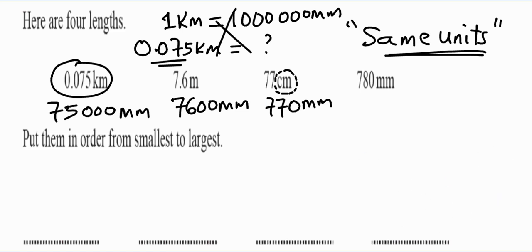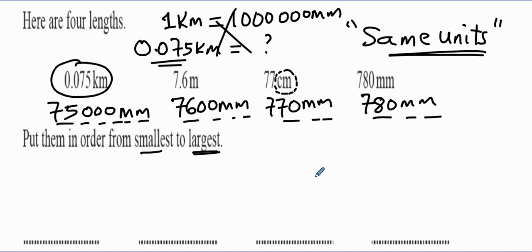Alright. How about this number? Remember, we are changing the units into millimeters. Because these are already millimeters, we are not changing them. These remain the same. Now, to compare which one is the smallest and which one is the largest, we will be looking at these same units.